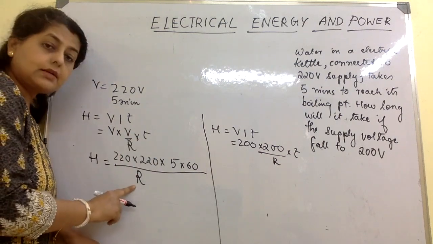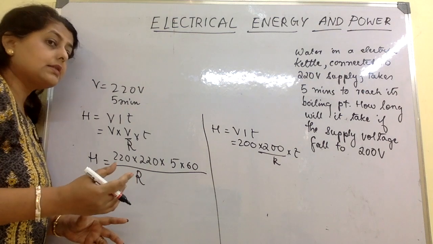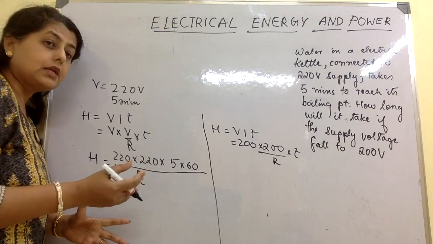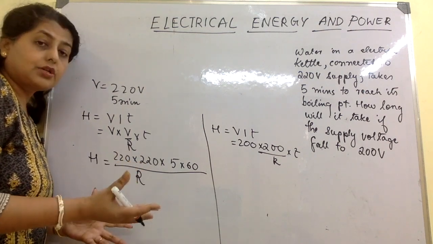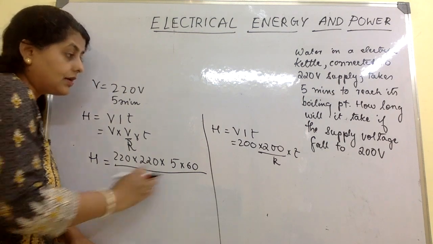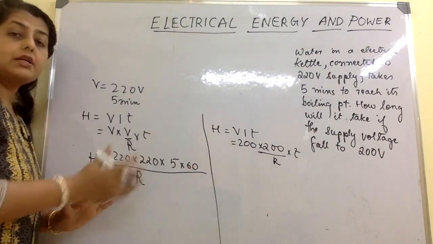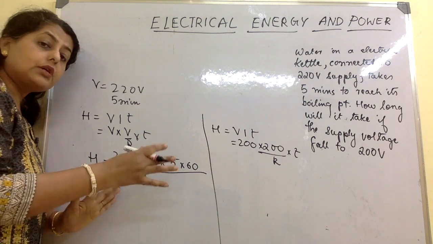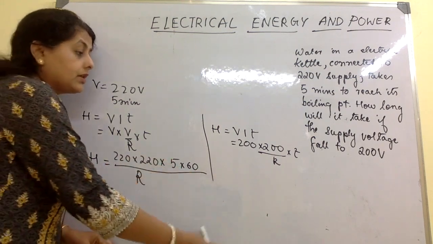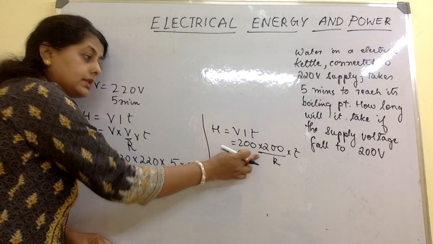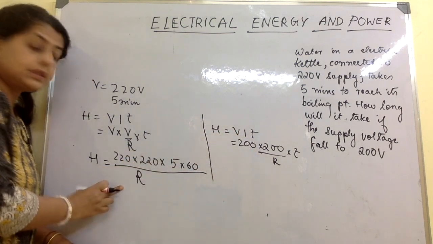Resistance is based on the coils of the kettle, and the coils of the kettle are not getting changed. So here R, here R, the same R we are using on both sides. So even without knowing R, we can complete the sum. The heat produced in the second case is given like this, and the heat produced in the first case is given like this.